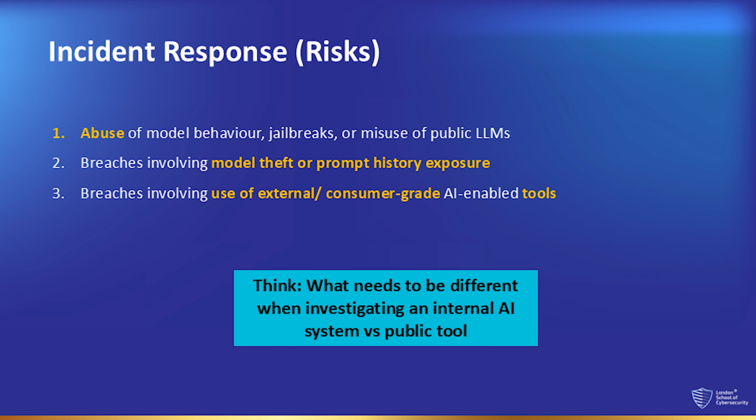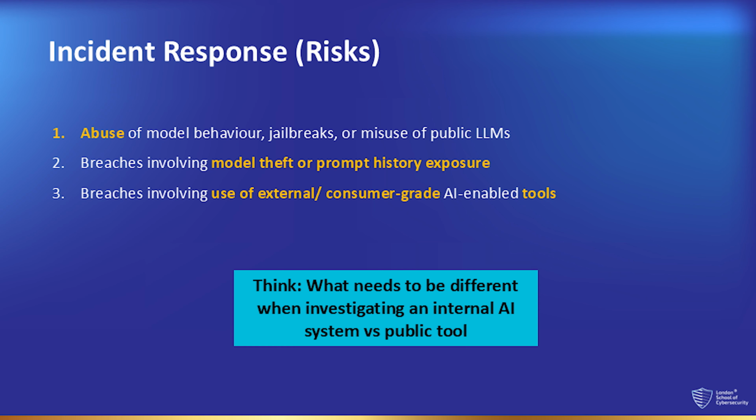Now, moving on to incident response. In incident response, there are three key areas when we think about AI. The first type of incidents would be where you're abusing your model, how your model is behaving, whether the model itself is compromised, or something is happening by misuse of public LLMs.